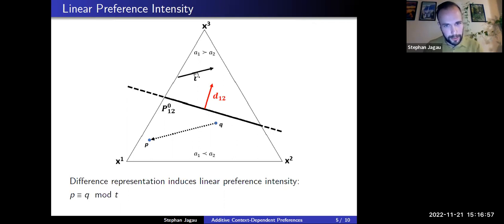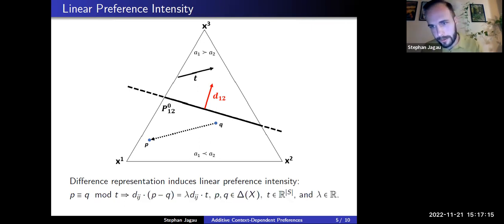What happens now is, if I look at any other 2 beliefs that are related according to a scaling of that same transfer vector, so you can think about this as some kind of congruence relation with respect to, in this case, a one-dimensional subspace, well, then the preference or the utility differences, they're going to respect this, right?